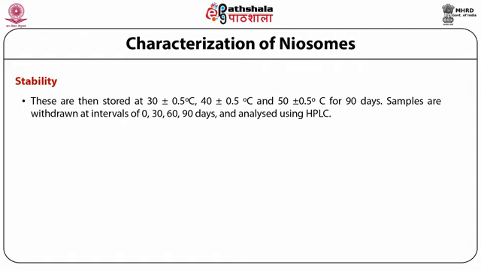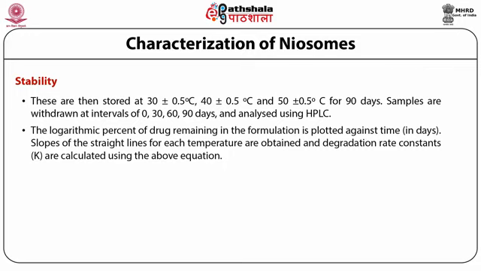content. The log percent of drug remaining in the formulation is then plotted against time in days. The slope of the straight line for each temperature is obtained and the degradation rate constant is calculated using the indicated equation.